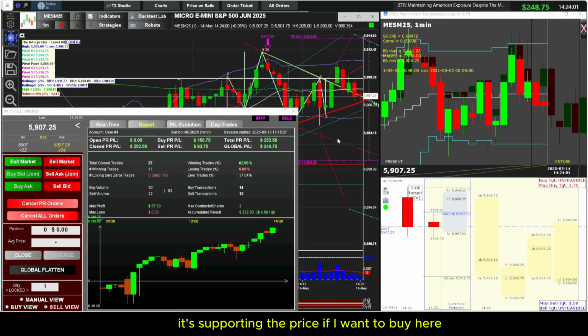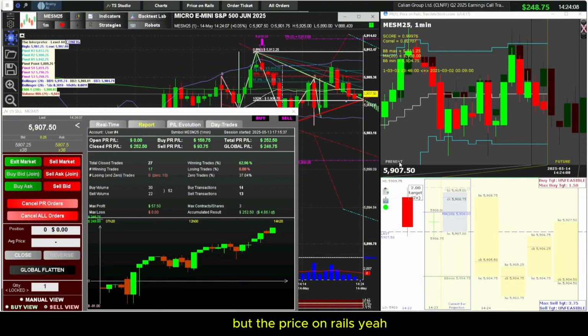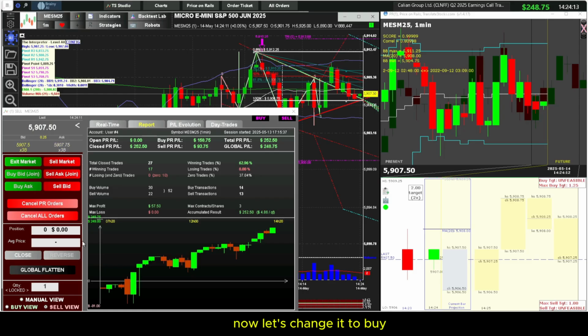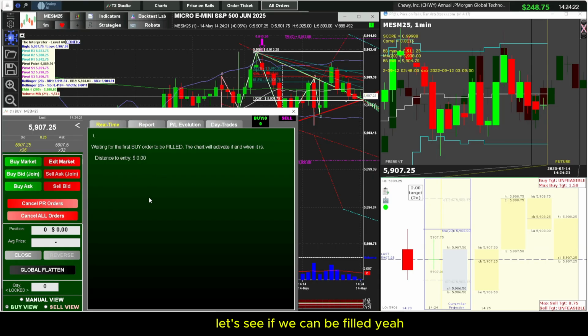If I want to buy here, I could buy and wait for the price to go until the 13, but the price on rails is pointing in the same direction now. Let's change it to buy. Let's join the buy.